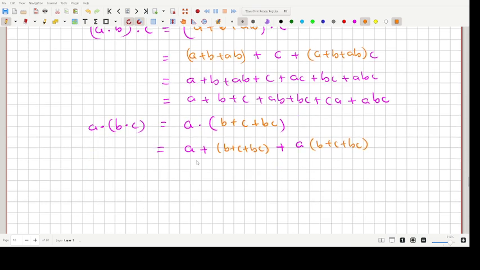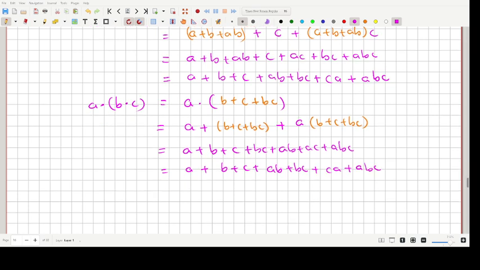Okay, now let's see whether we can simplify this and get the result that we have seen above. So this is a plus b plus c plus bc plus ab plus ac plus abc. Now a little rearrangement of these elements: a plus b plus c plus ab, plus bc plus ac. Instead of ac we write ca plus abc.